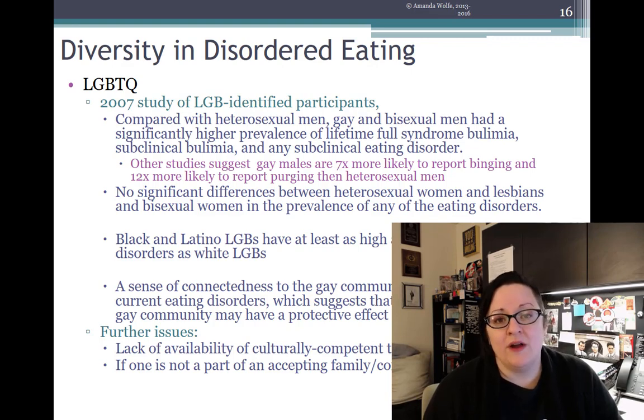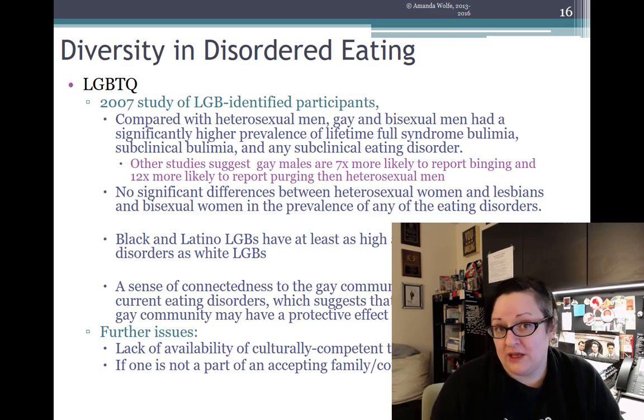Basically, what we find is that if you have an ethnic identity that is not Caucasian American, and you align strongly with that ethnic identity, it's a protective factor. And that the more you identify with the dominant culture of the United States, the more likely you are to have an eating disorder.